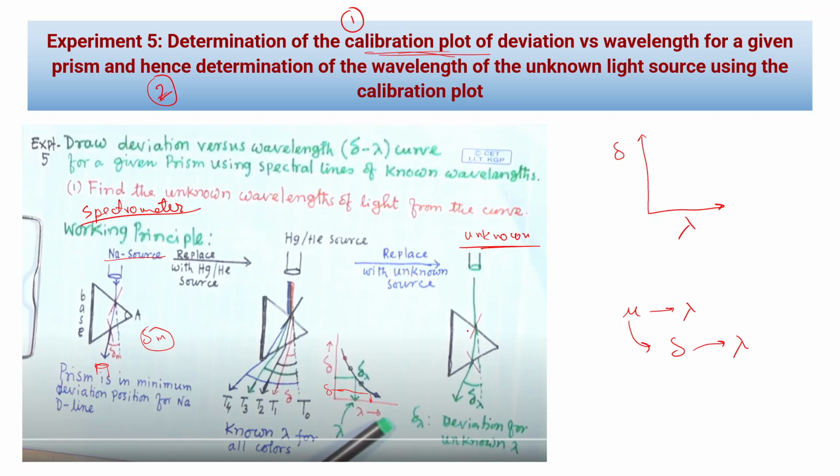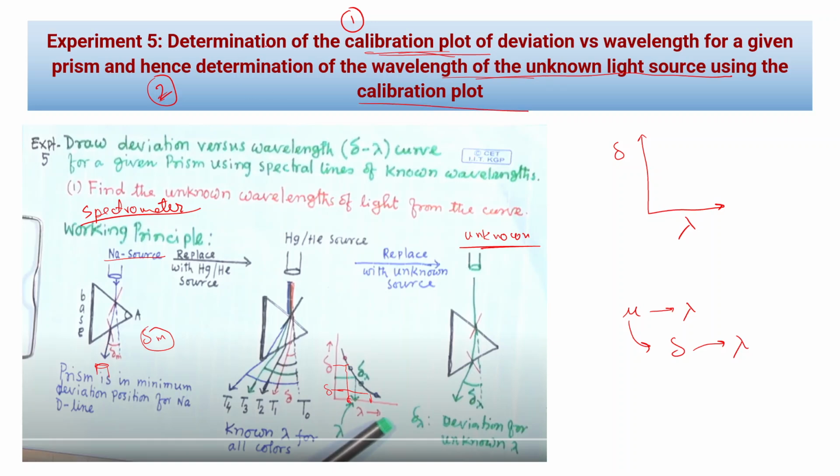Then I remove the prism, see where the light goes without deviation, and this difference gives me the deviation. Now I know the deviation, and I see the corresponding wavelength value for it. So this is a way to know the wavelength of an unknown light source using this calibration plot.